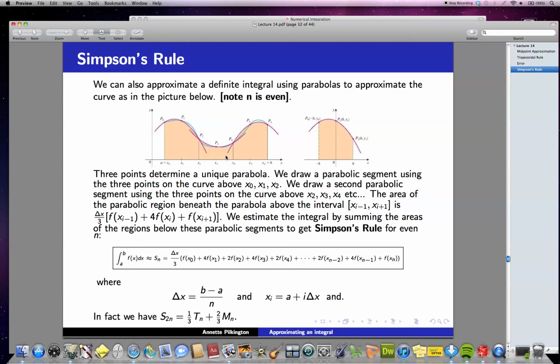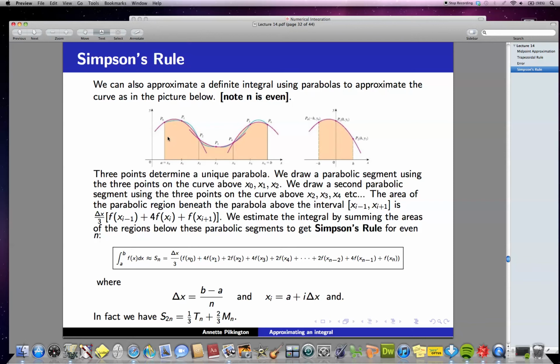So I do this for every pair of subintervals, and I find that the area of this parabola, stretching between x_{i-1} and x_{i+1}, so it's got 3 of these endpoints encompassed, is delta x over 3 times f evaluated at the left endpoint plus 4 times f evaluated at this middle point x_i plus f of x_{i+1}.